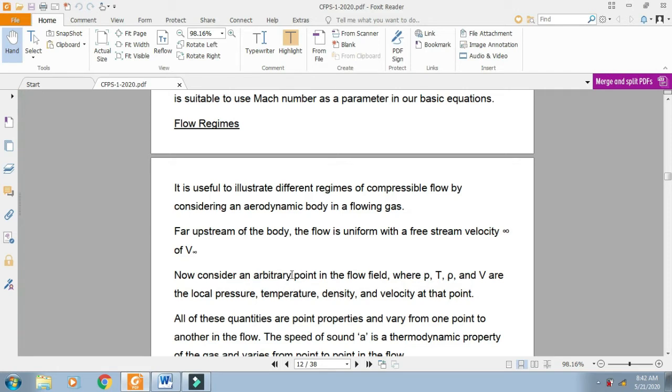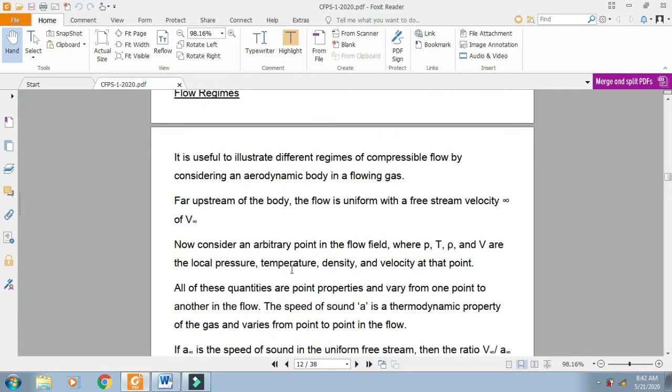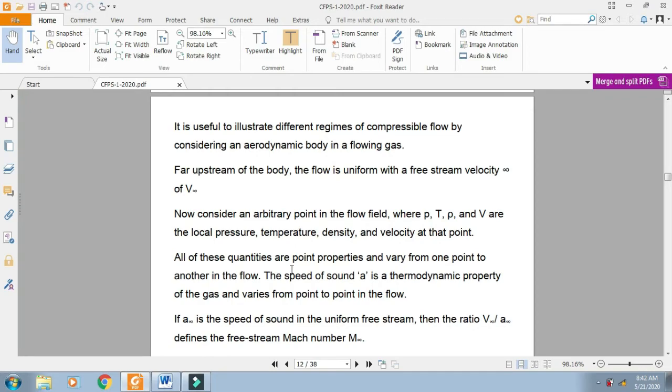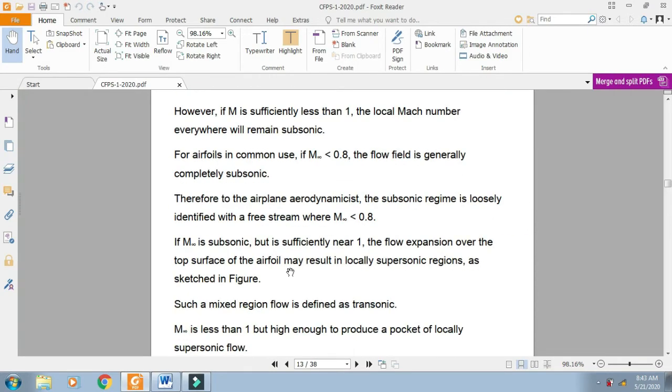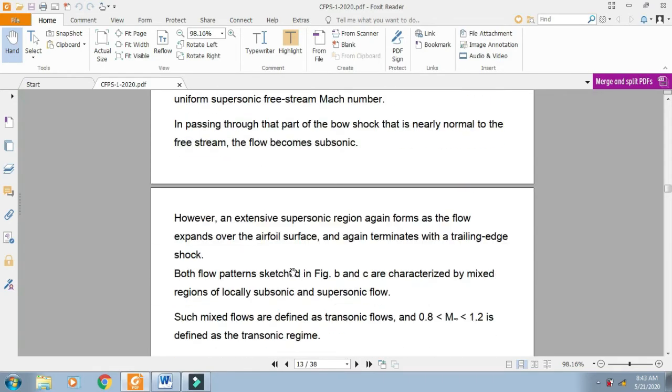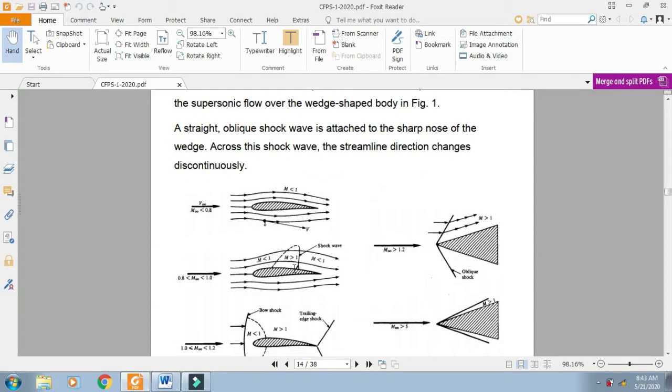To understand this topic, suppose there is a fluid which is passing through an airfoil. This airfoil is an obstruction. When the fluid passes through the airfoil, the properties will change.